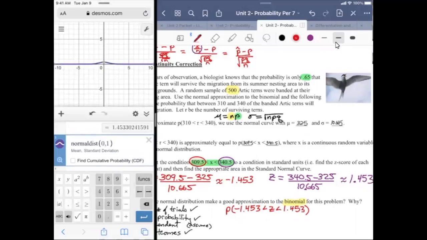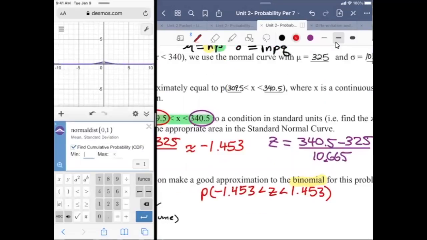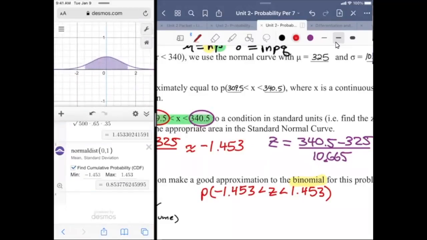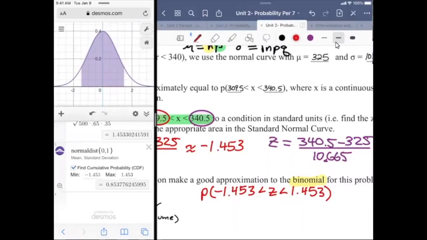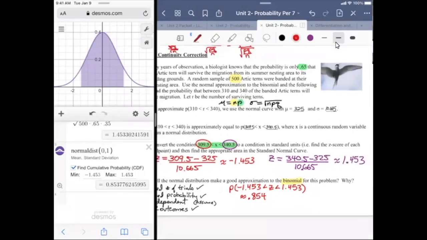Using our z-scores, if I put in my minimum value, negative 1.453, to positive 1.453. Now I'm starting from scratch with this Desmos, so if I want to get a nicer look at it, I'll do a little stretching. Yeah, we got it. So it's about 0.854.